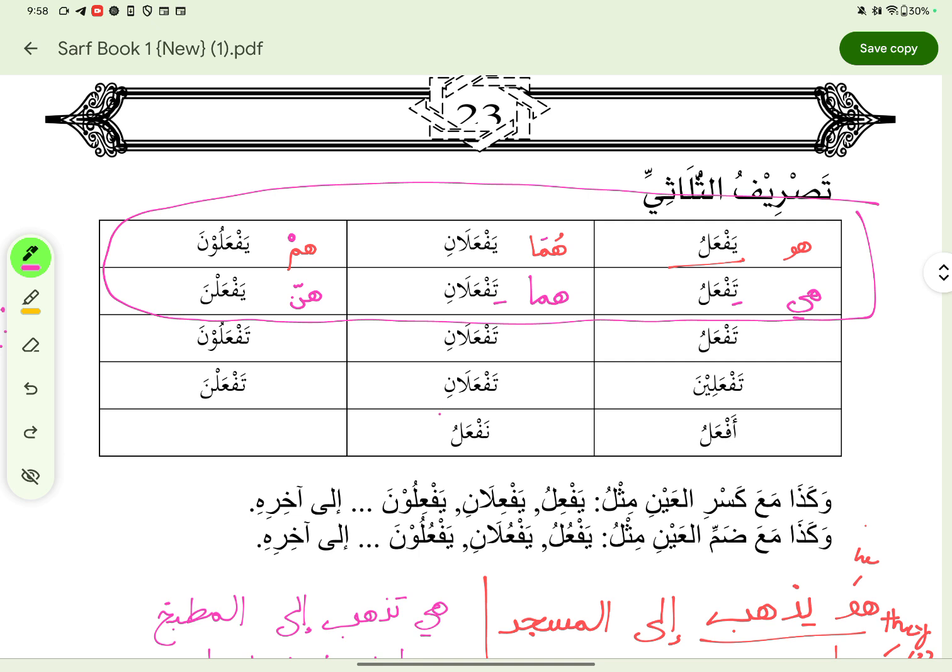When you see one word, you can learn multiple words from just that one word. Just like we just did with يفعل, we now know 6 words from that: how to say he does, they two do, they all do, she does, they two do, they all do female, right? And that's how it is in Arabic.